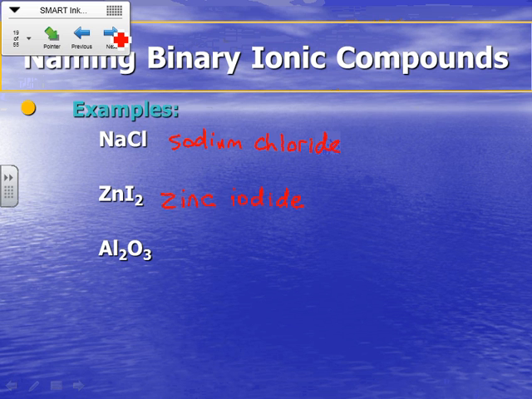What about Al2O3? Aluminum oxide. See how easy this is? So notice the pattern here. The first word is just what it is. The second word, you put IDE at the end of it. What about NaN3?